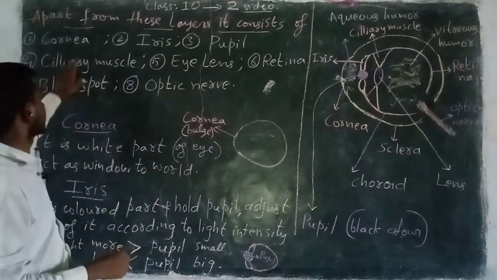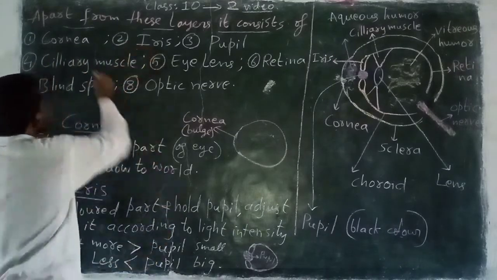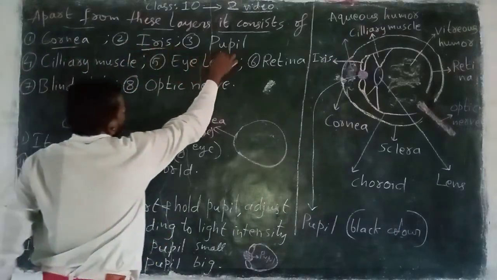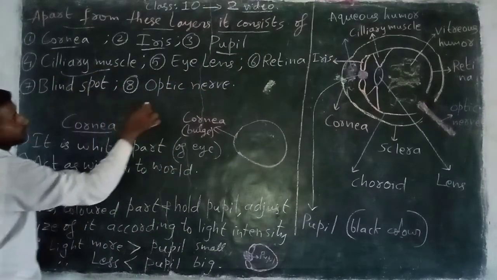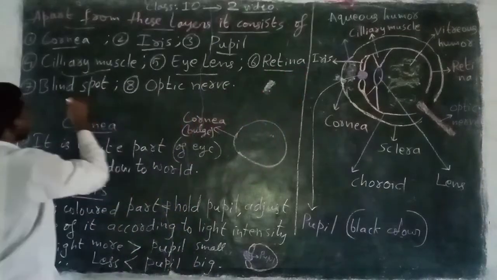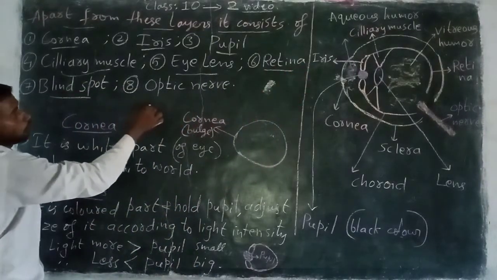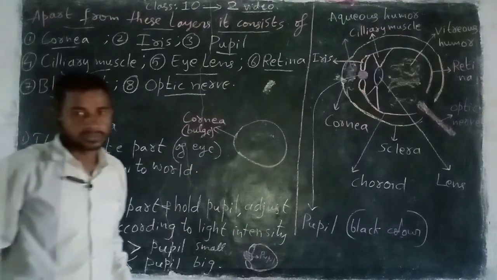Look here, what are they? First part cornea, second part iris, third part pupil, fourth part ciliary muscle, fifth part eyelid, sixth part retina, seventh part blind spot, and eighth part optic nerve.